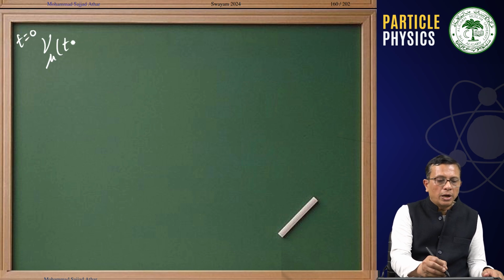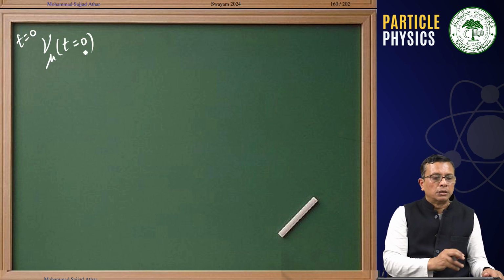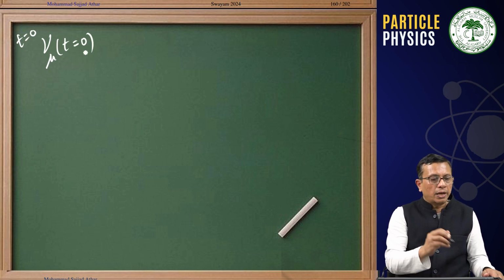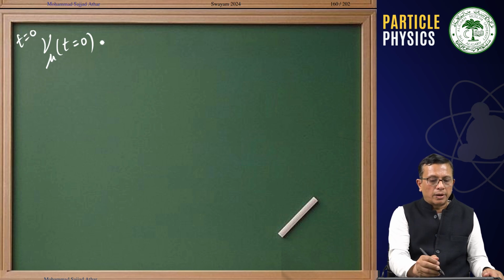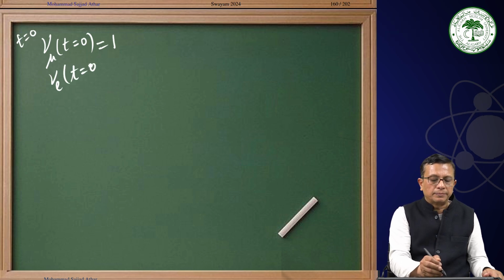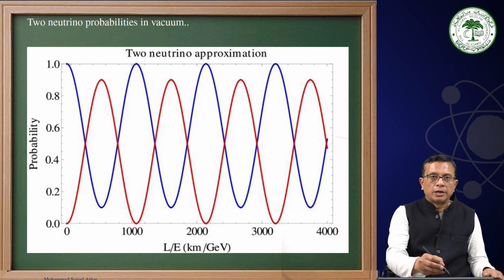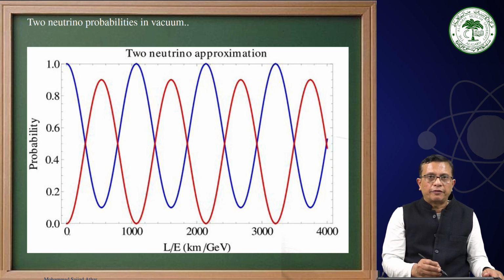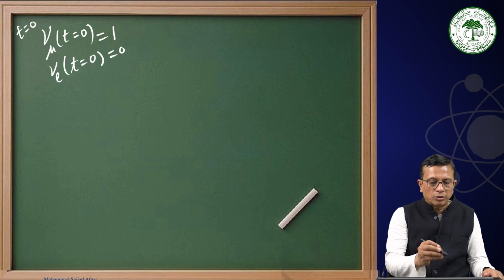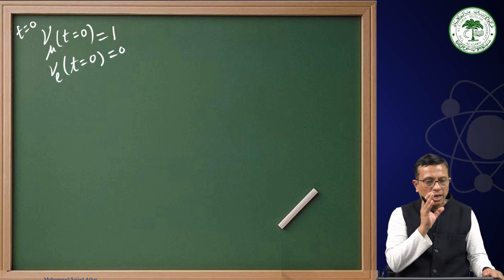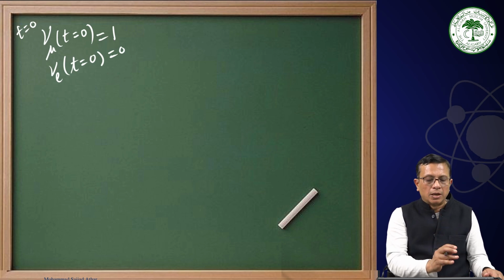Therefore, nu mu at time t equal to 0 is 1, and nu e at that point of time is 0. This is an important concept which has to be kept in mind while talking about neutrino oscillation.